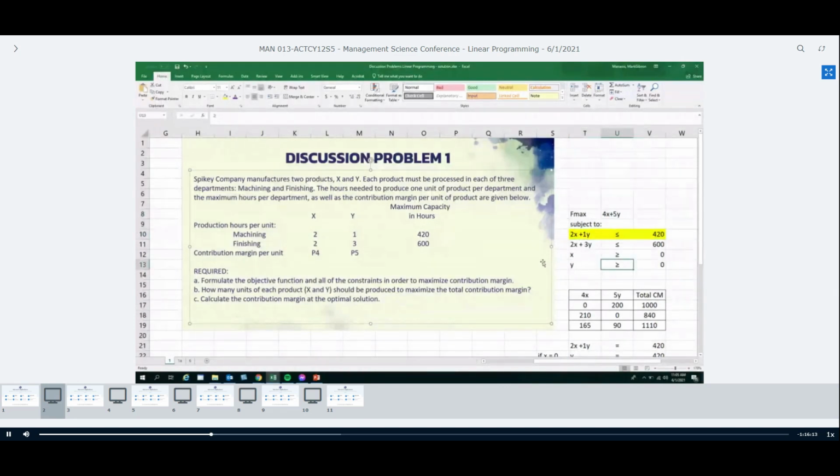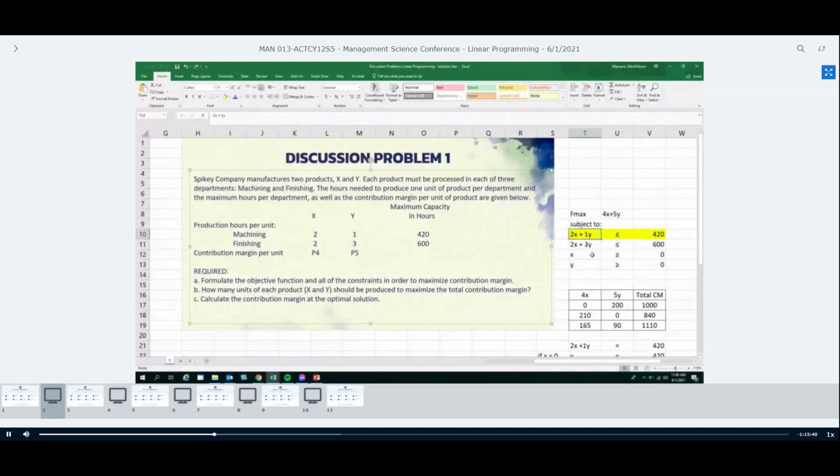So that's 2 hours per unit of x plus 1y. Actually, di ba wala namang 1y. Pero for the sake of discussion, nilagay ko lang siya as 1y. Pero in reality, it should be y. Tama ba yun? Mas kabisado niyan sa algebra, di ba?